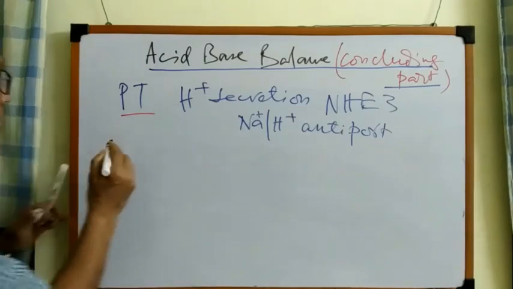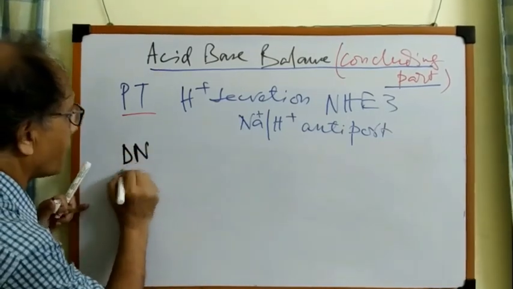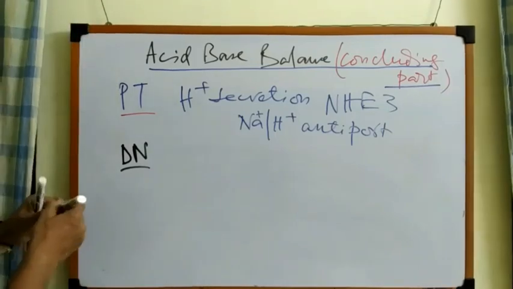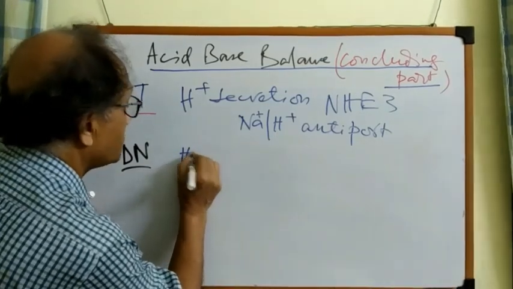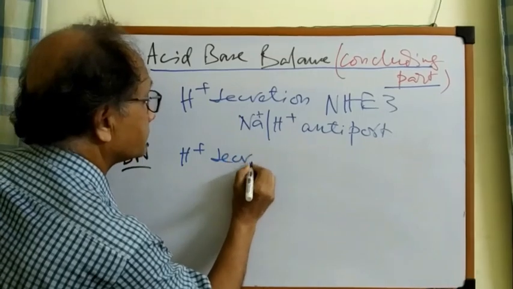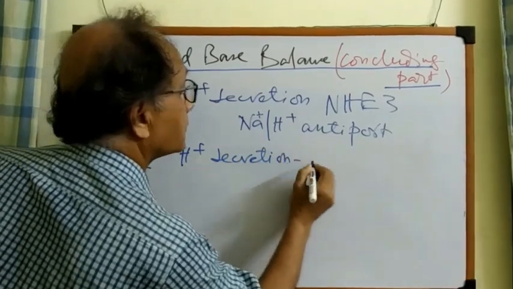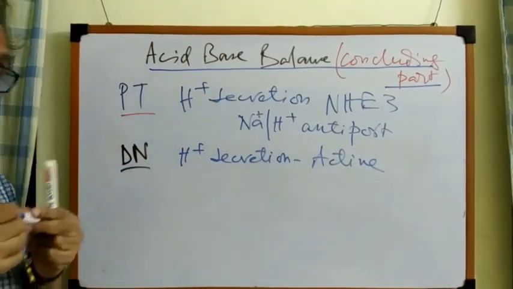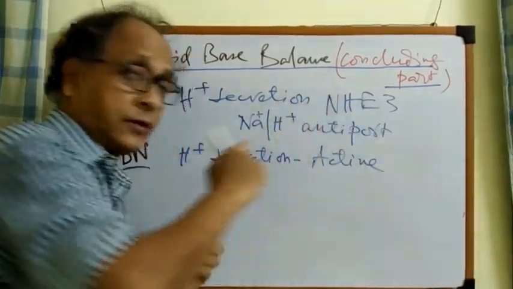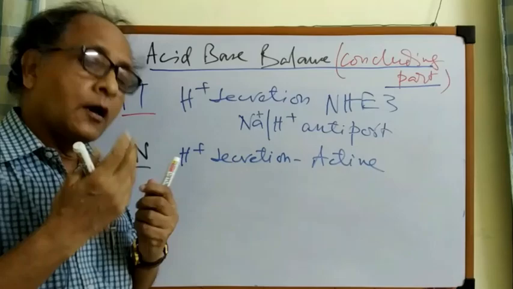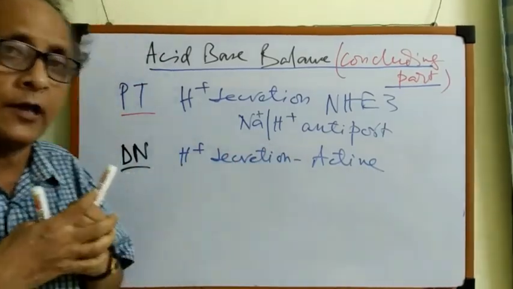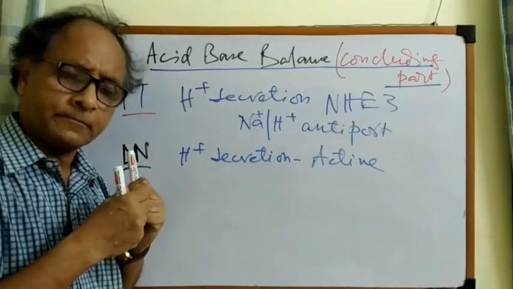But in the distal nephron, what we found is that the H plus ion secretion is mainly active in nature, not coupled with any other ion. It is mainly active hydrogen ion extrusion, especially in the distal nephron.